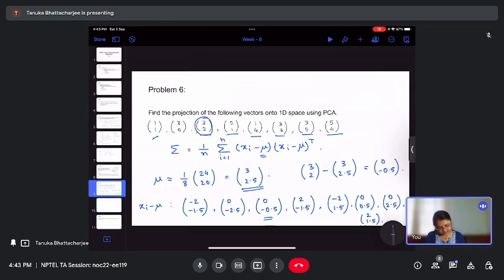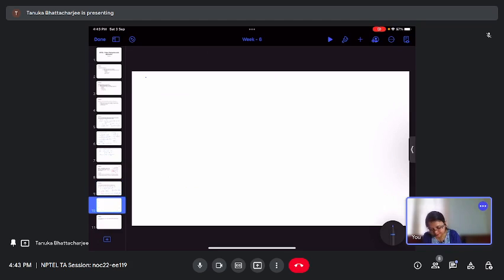For the first example, x1 minus mu is minus 2, minus 1.5, into this transpose.